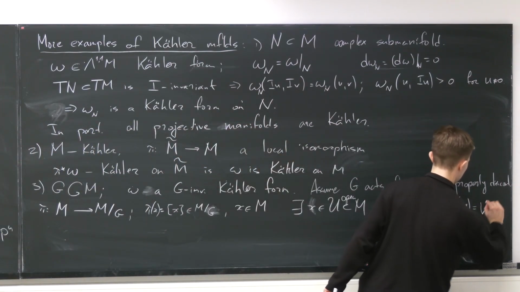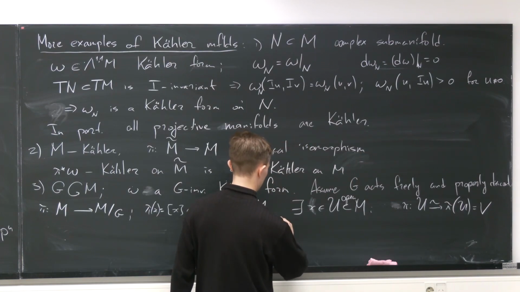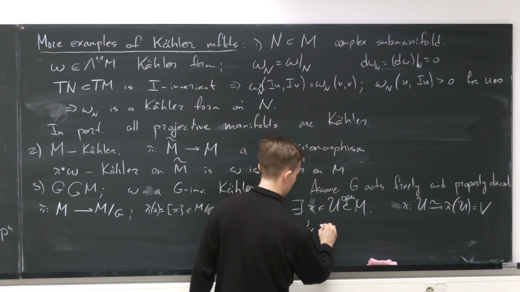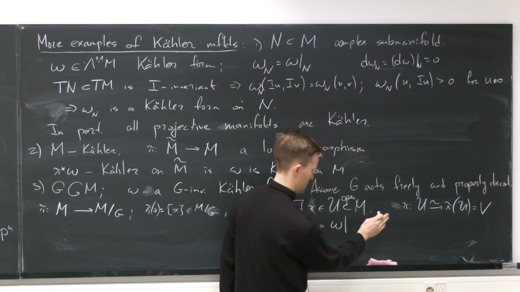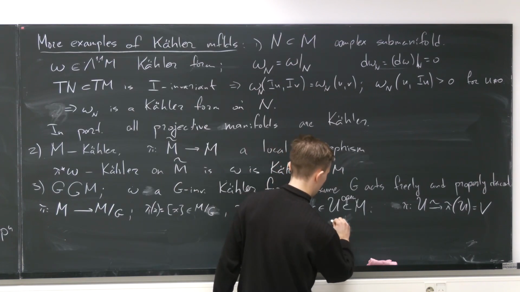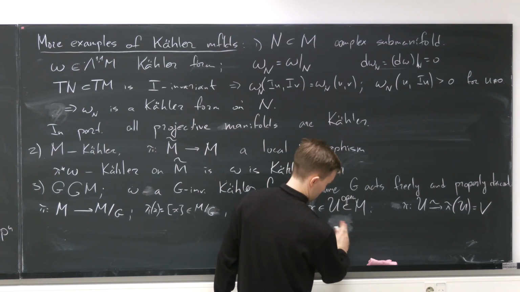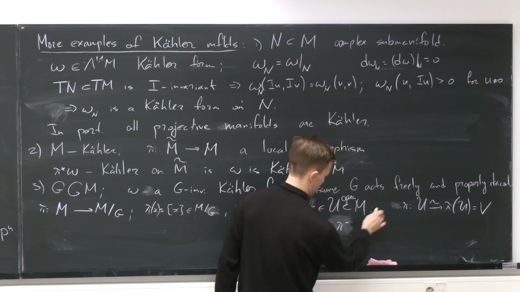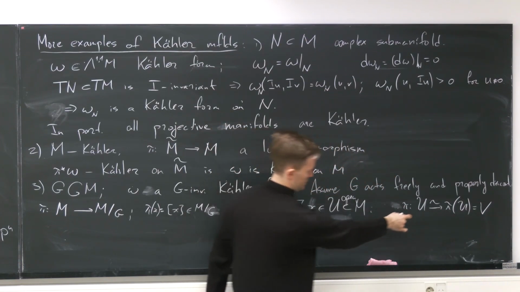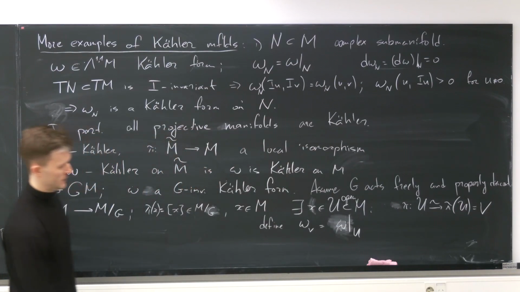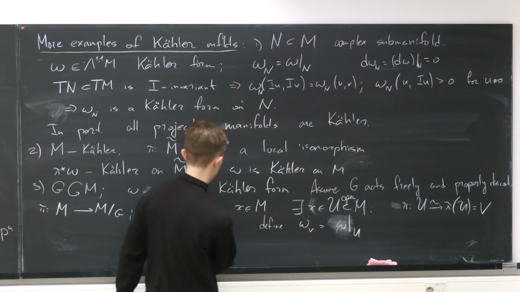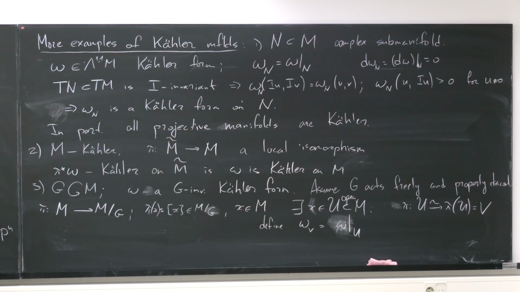Let's call this V, and then define omega V to be, I identify this V with U, and then I just restrict. Let me not make the notation too complicated. So that's just the restriction of omega to this open set in M, and I identify it with an open subset of M mod G.